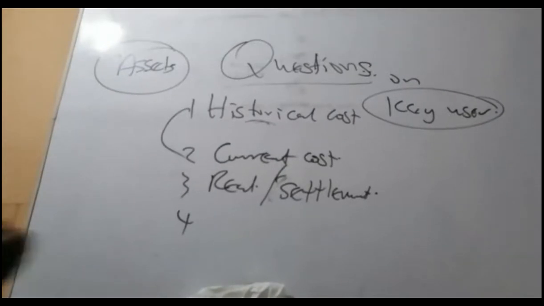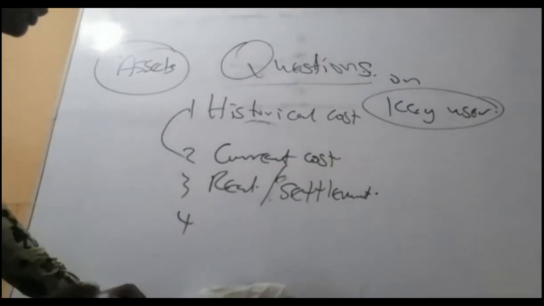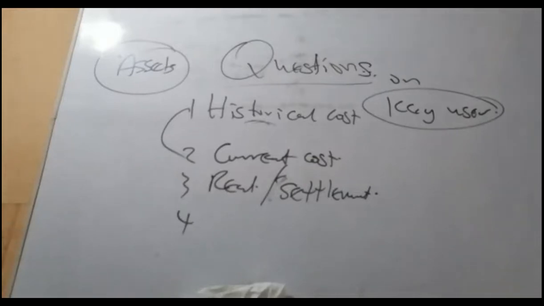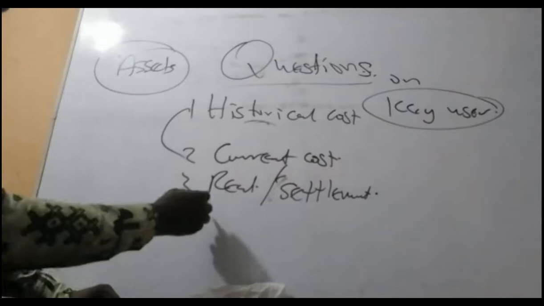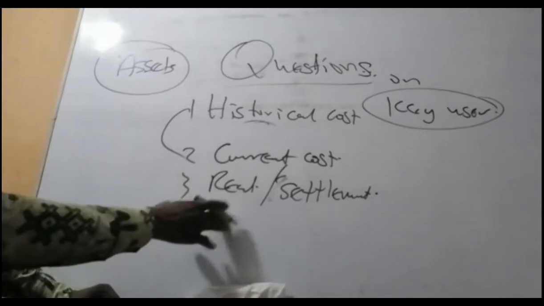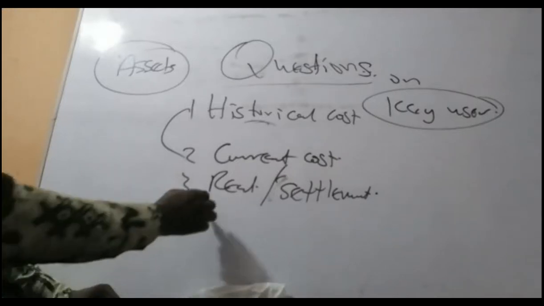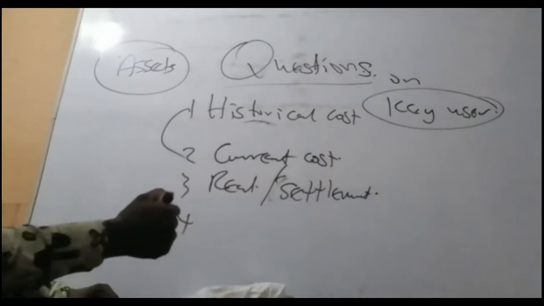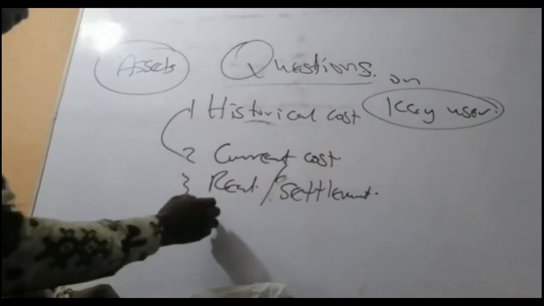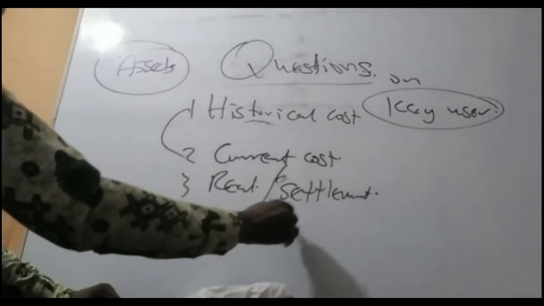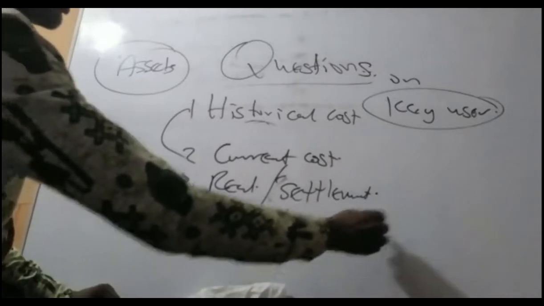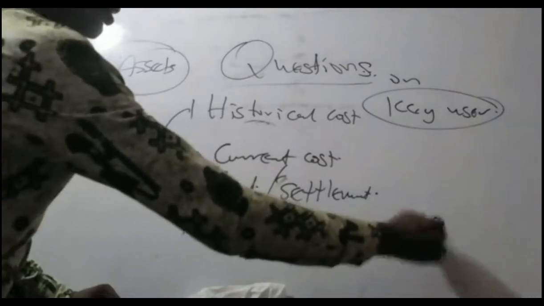In short, we just have to explain the settlement value or the realizable value. Then we go to the discounted future cash flows.